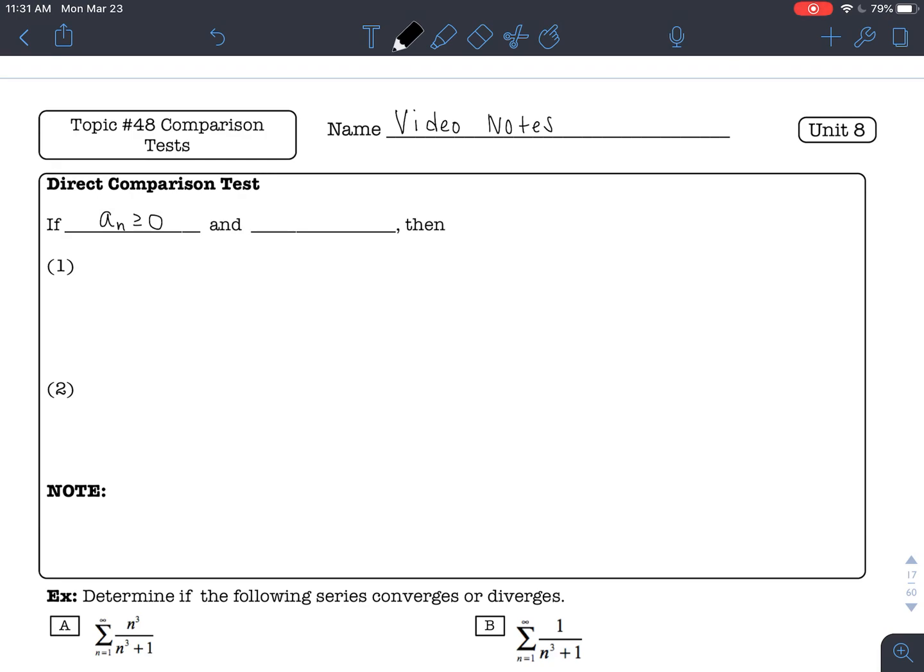So you have two conditions that you have to have. You have to have two different sequences that are both positive or equal to 0.